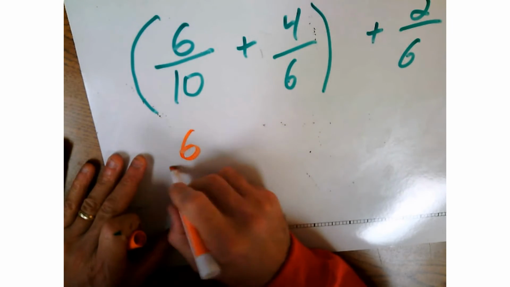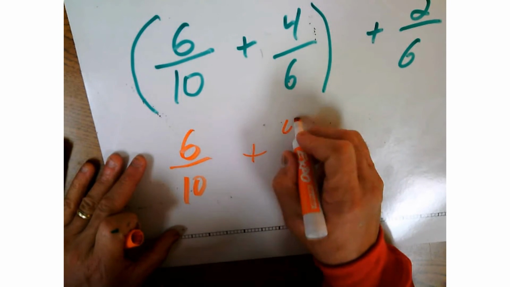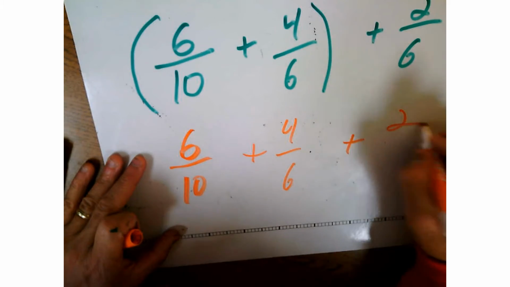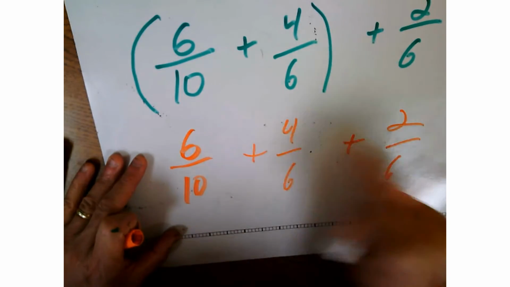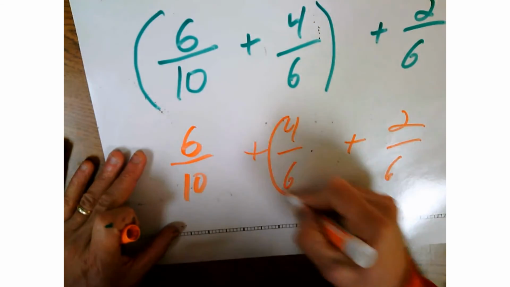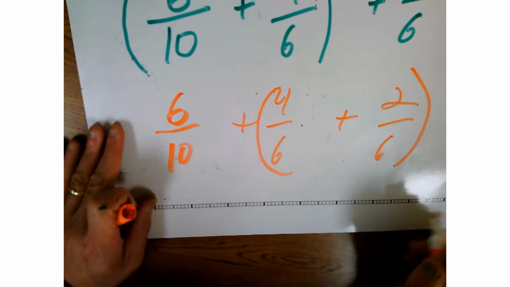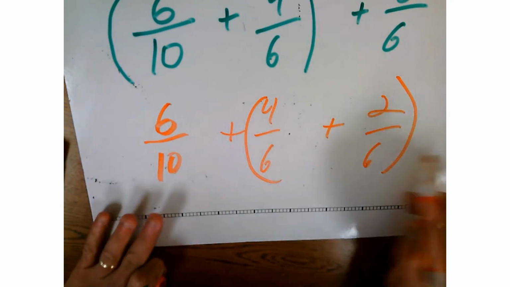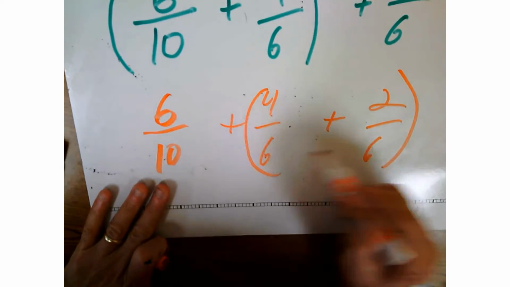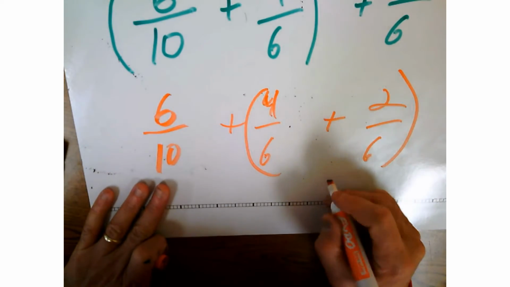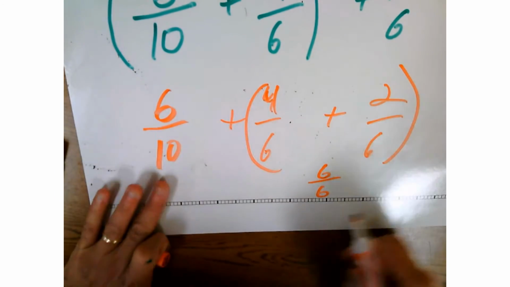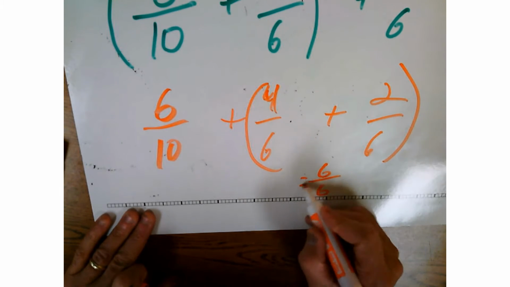Watch. I keep it 6/10 plus 4/6 plus 2/6. I did not change the order, but I'm changing my grouping. You could just do that in your head. Look what I just put together. Common denominators. And 4 plus 2 is 6, so this becomes 6/6, which is the same as the number 1.